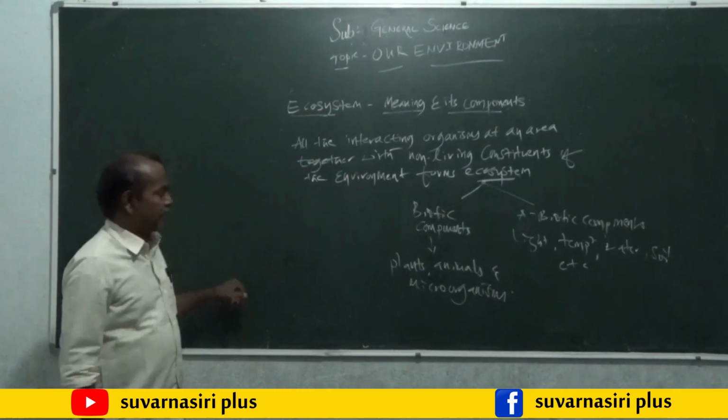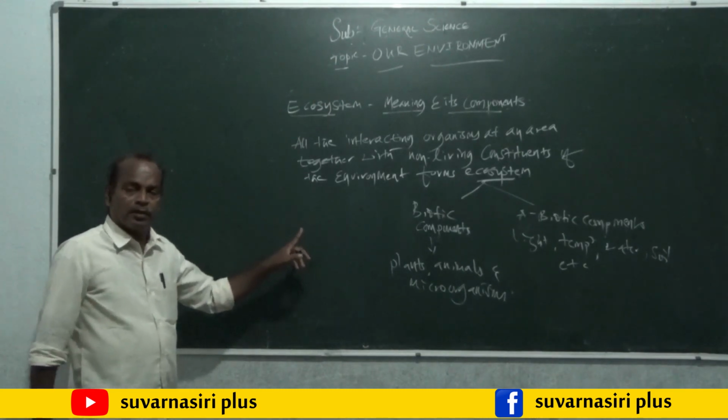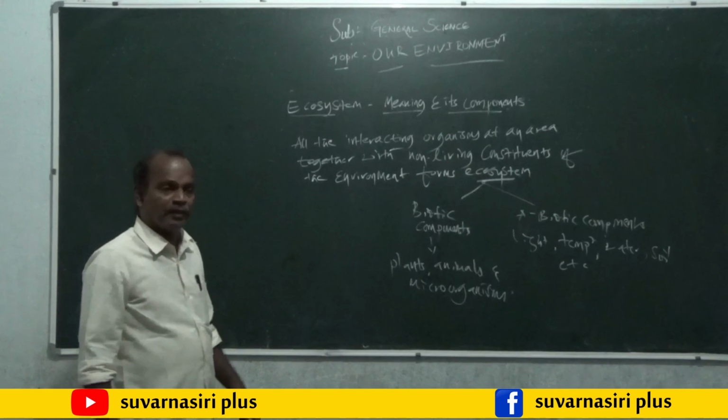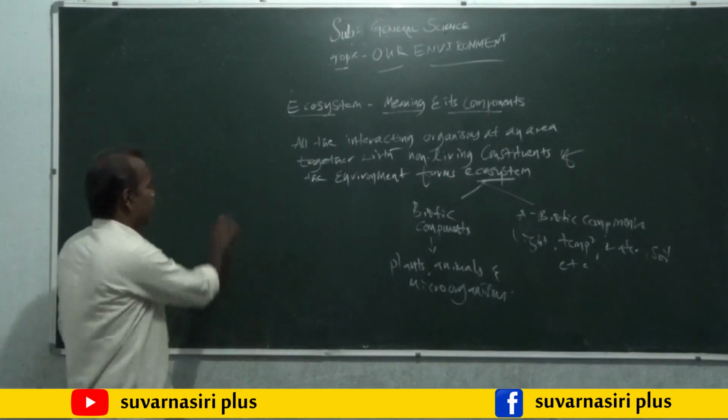Next, the types of ecosystem. There are two important types of ecosystem. They are terrestrial ecosystem and aquatic ecosystem.